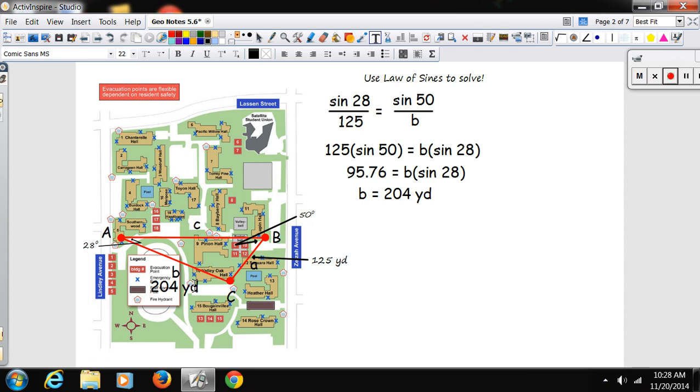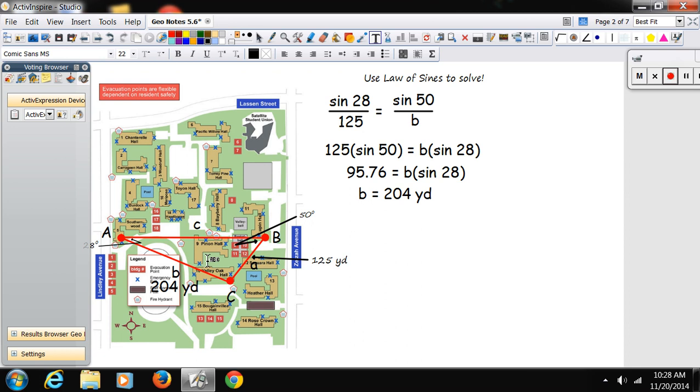Adds up to 180 for the angles, right? So for angle C, you want to take 180 minus the 28 minus the 50. So you want to subtract those other two away from the 180 to see what's left over. And in this case, you're going to end up with 102 degrees.